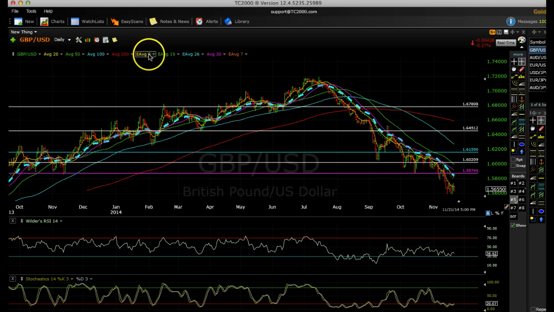The 7 is actually a better indicator than the 6. The 19 I really don't use too much, but I'll explain how I have these different moving averages in here and how I can differentiate between the different moving averages. So let's get into that now.